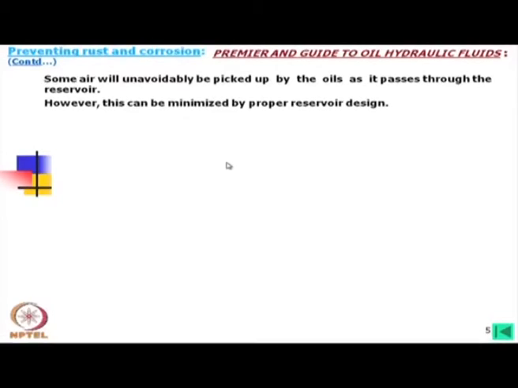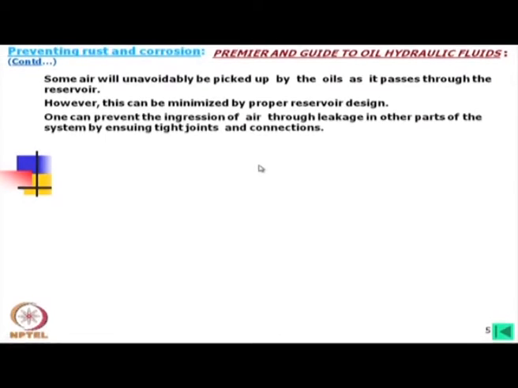However, this can be minimized by proper reservoir design. There are several methods by which we can reduce such addition of air. One can prevent the ingression of air through leakage in other parts of the system by ensuring tight joints and connections.